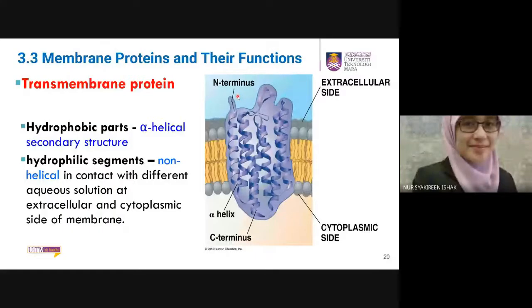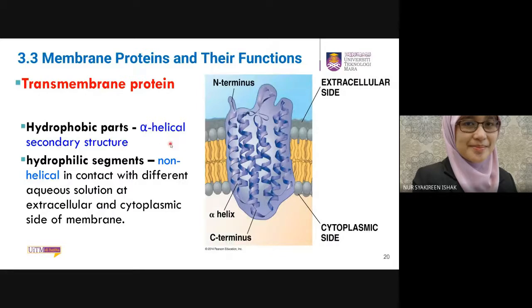So the terms that you have to take note of when you are describing the structure of protein: it says here alpha helical secondary structure of polypeptide chain. Okay, polypeptide chain. Not right if you say alpha helical secondary structure of amino acid.